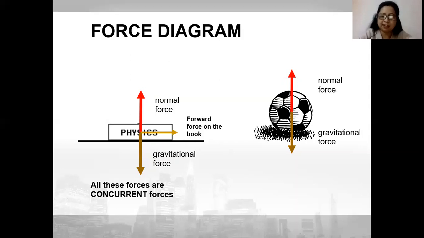Since you exert a forward force on the book, there is another force that will act on the object, and that is the frictional force, the force that opposes the forward force on the book. Take note, they are acting on the same point together with the normal force and the gravitational force. So these forces are concurrent.